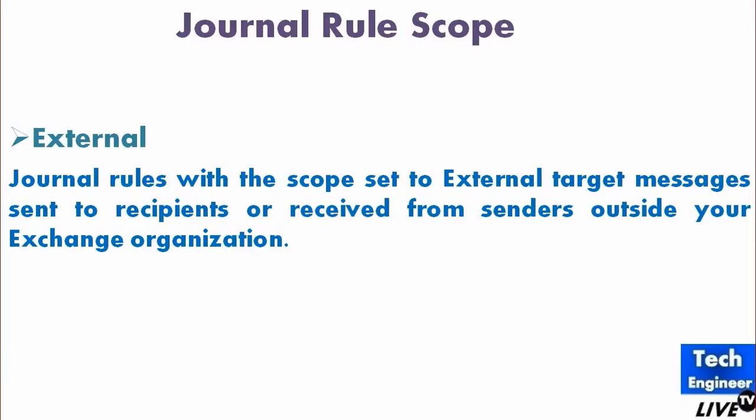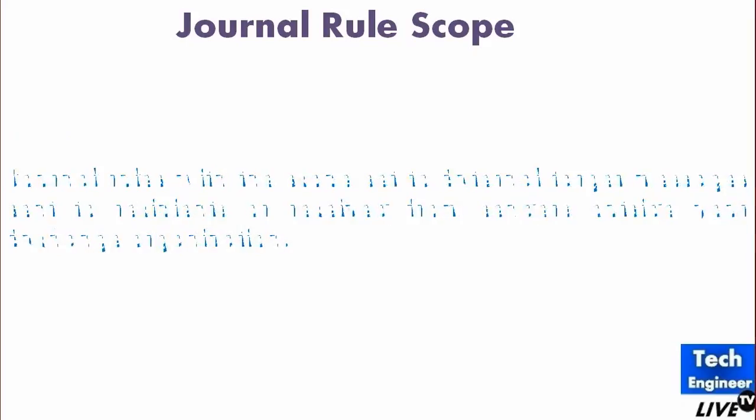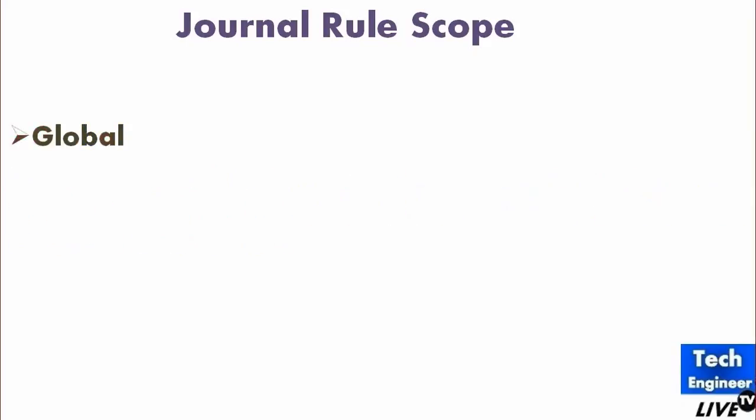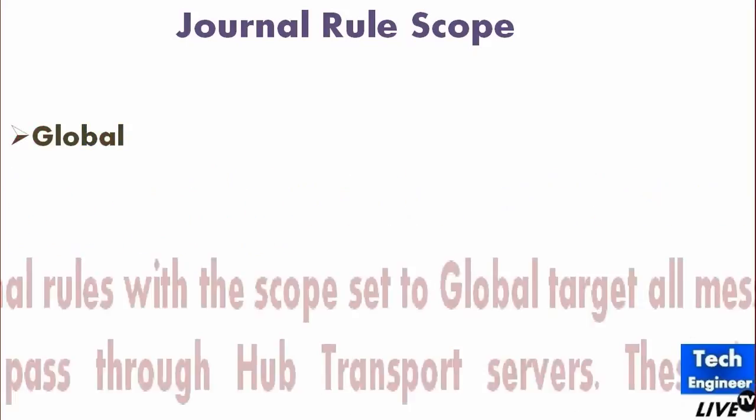It might be the boss of the company and a client of an external organization dealing with each other. In that case, they are able to exchange mails with each other. This is called external.